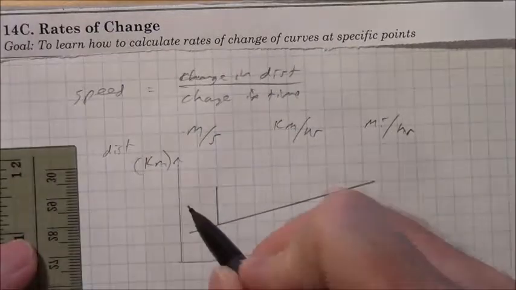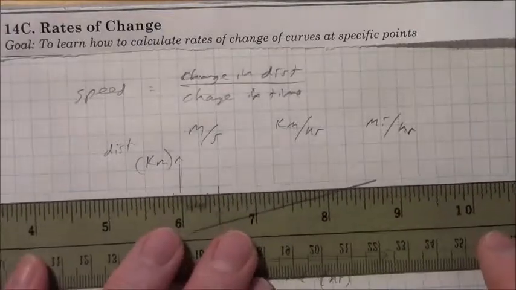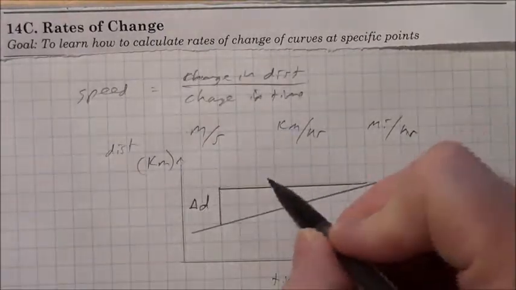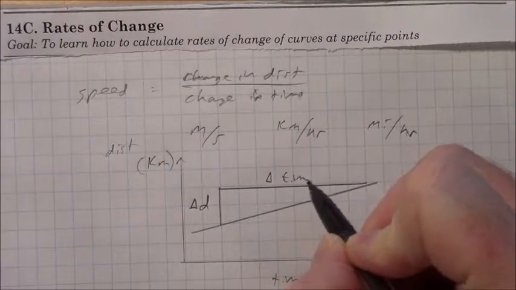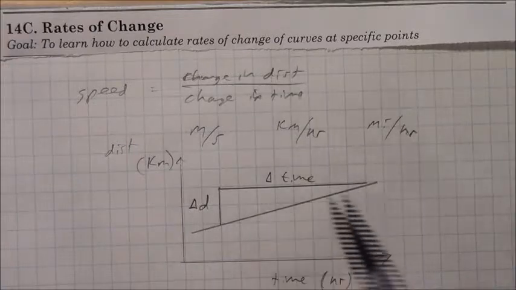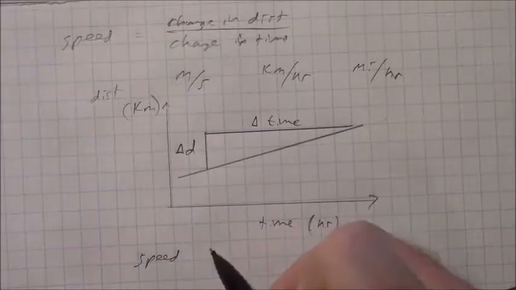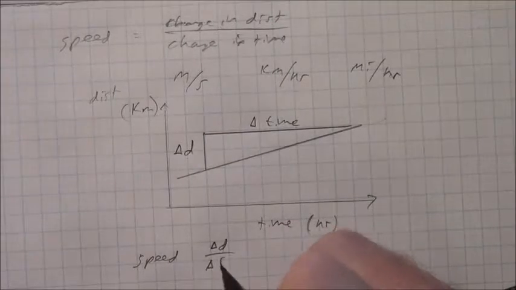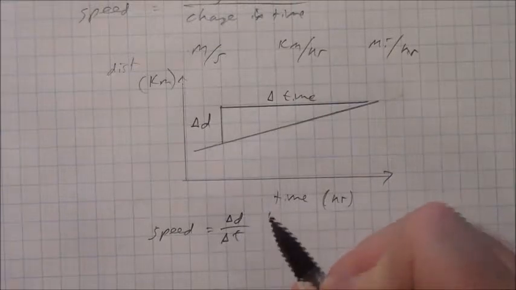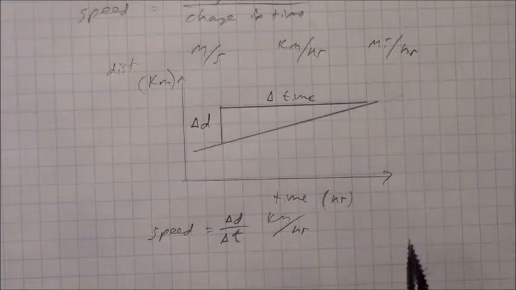The change in distance is the vertical portion of what we call a rate triangle. And here is the change in time. To get the rate of change, the speed would be the delta distance over the delta time, so kilometers per hour. Okay, so that's all fine and dandy.